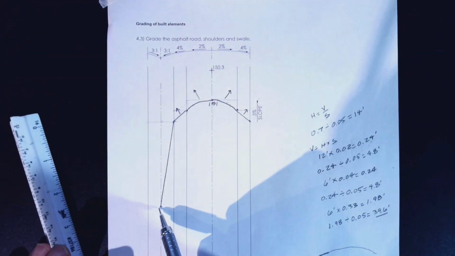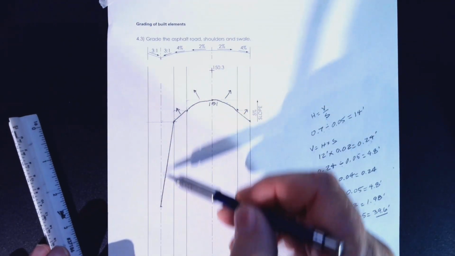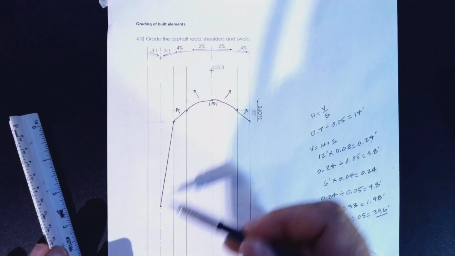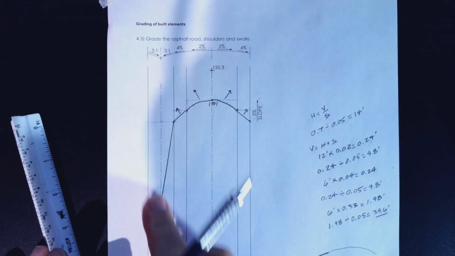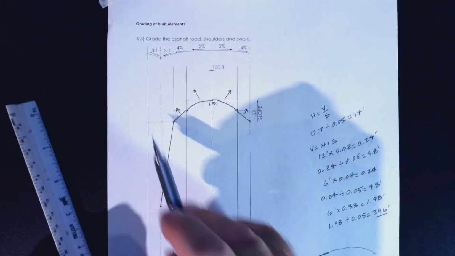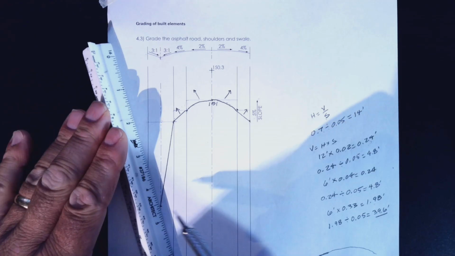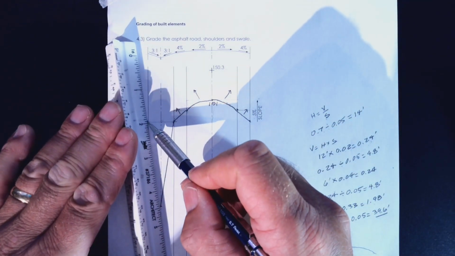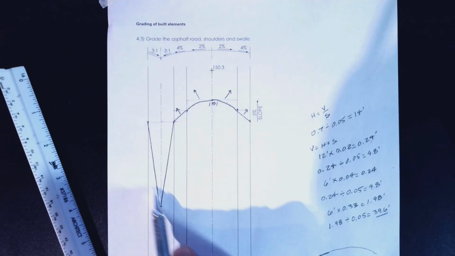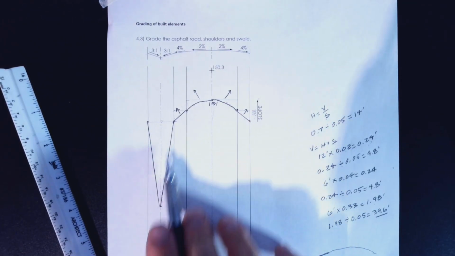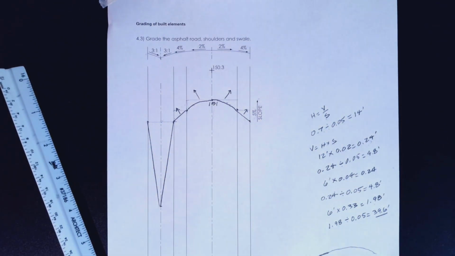I went down, so now I got to go up, right? Because I'm going up this slope. Now I got to go this way, back up, and it ends up at the same spot. So now we've got a road in this ditch, and because it's 2 feet deep, it looks pretty extreme, but that's the way it comes out.